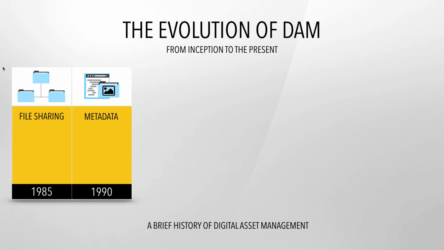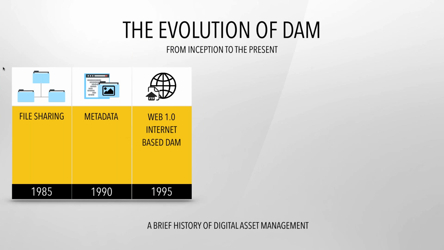That then progressed in the early 90s with some simple relations between the assets and their metadata. This started to allow people to search or to look for other information besides just file names for those assets. The problem was these are still very siloed structures and very limited in how they could share that information across multiple environments.